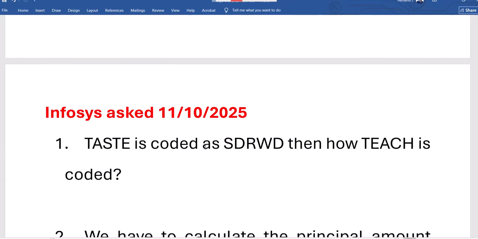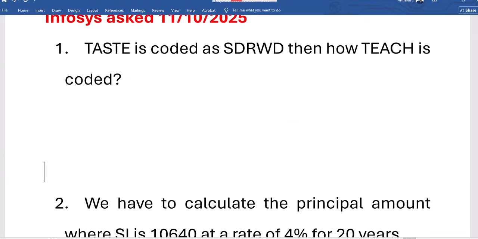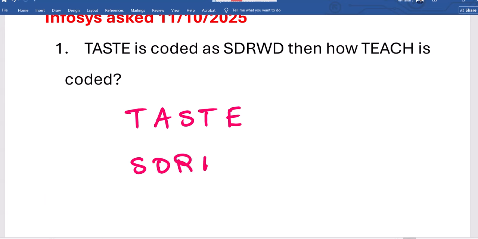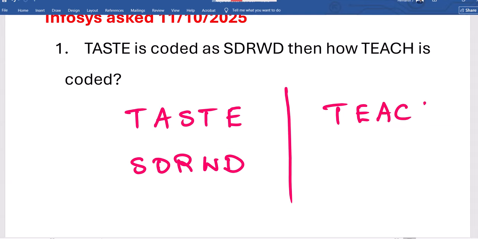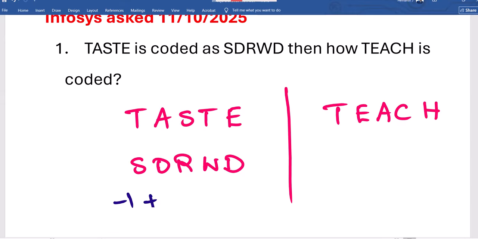Sometimes reverse logic also happens. Now what about this question? TASTE is coded as SDRWD. TEACH is what? So here the logic is minus 1, plus 3, minus 1, plus 3, minus 1.